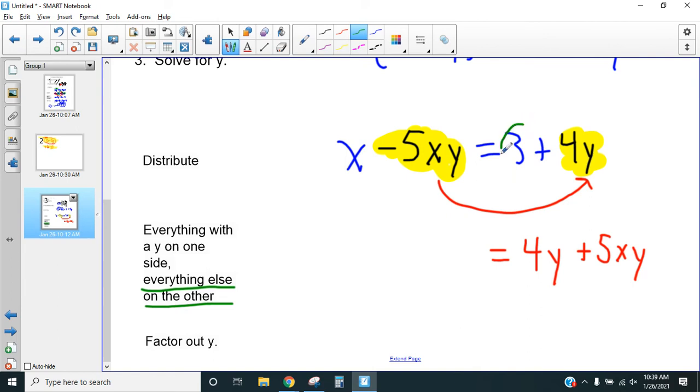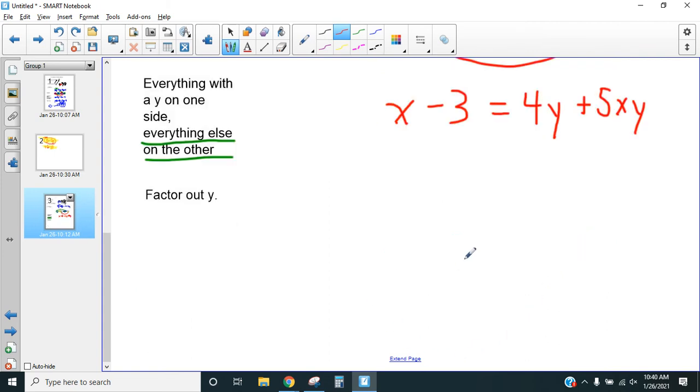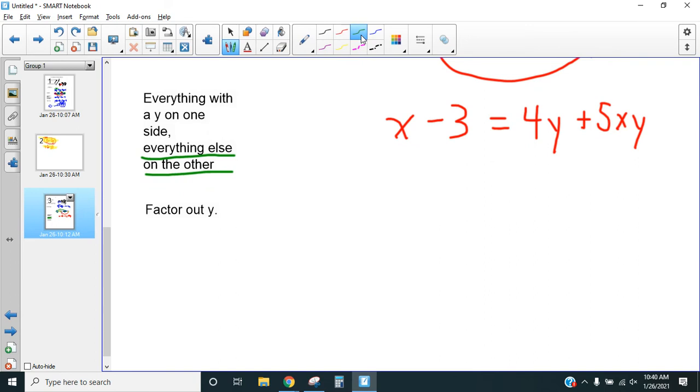So here, that over that way. So that means when I move this 3 over to the left, it's going to say x minus 3. There we are. What's the last thing to do? Factor that sucker out of there.